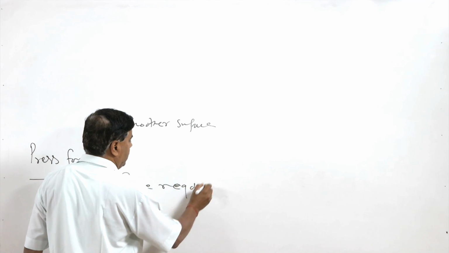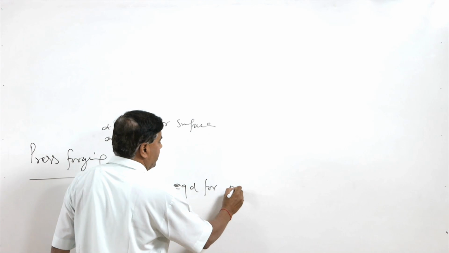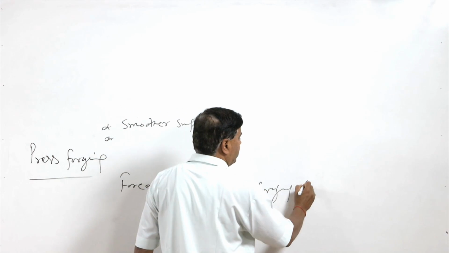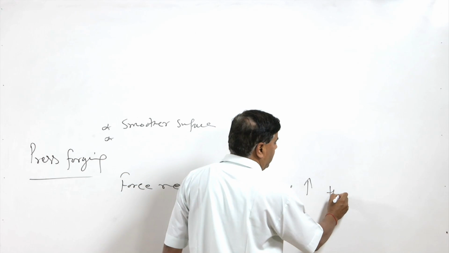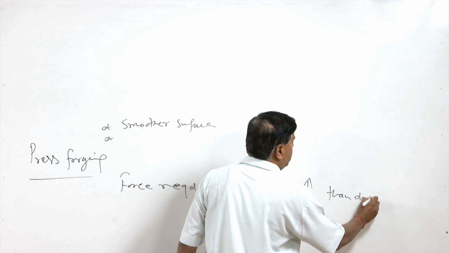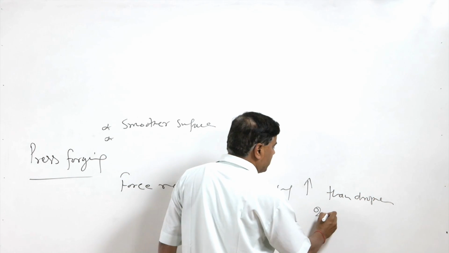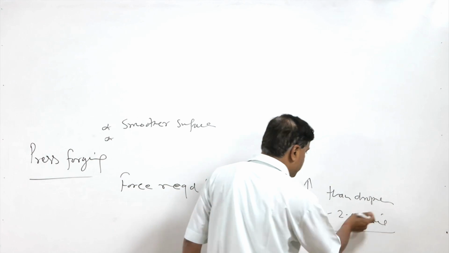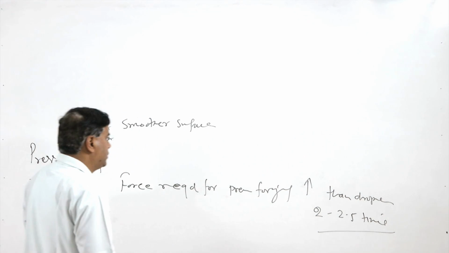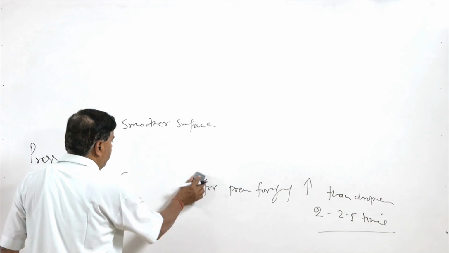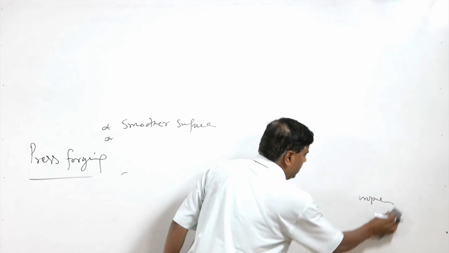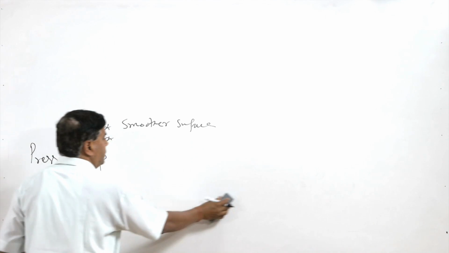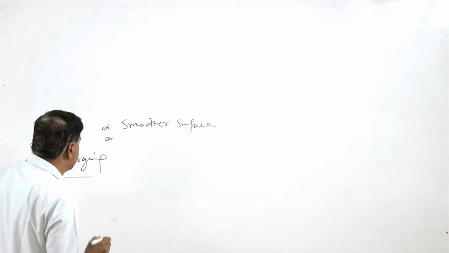The force required for press forging is higher than for drop forging, sometimes 2 to 2.5 times the press capacity needed for drop forging. So depending upon the size of the job, press forging is used.